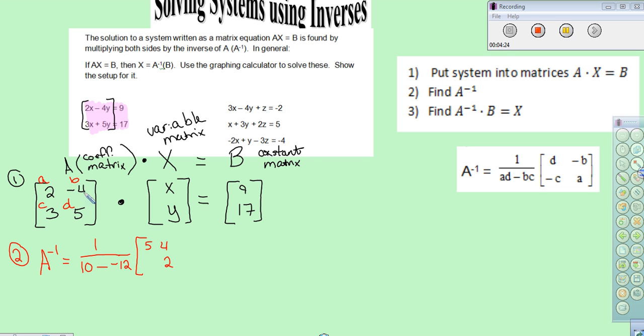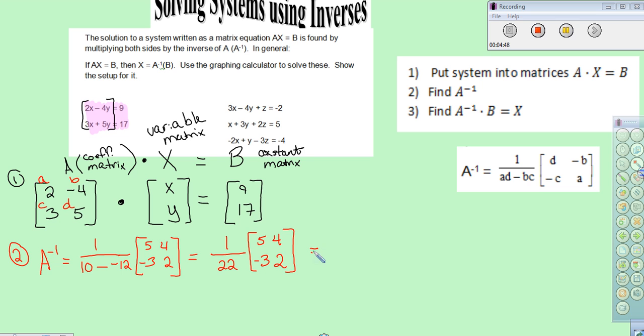That's negative 4, so it becomes positive 4. That's positive 3, so that becomes negative 3. Now we simplify, so we get 1 over 22 times the matrix 5, 4, negative 3, and 2.